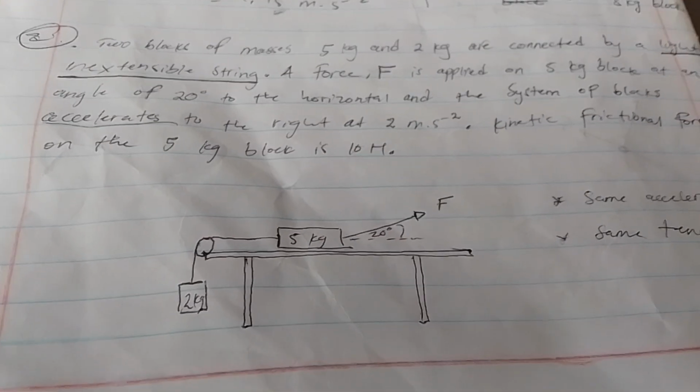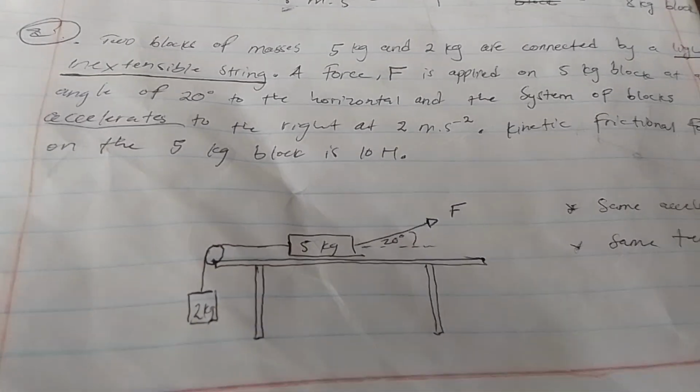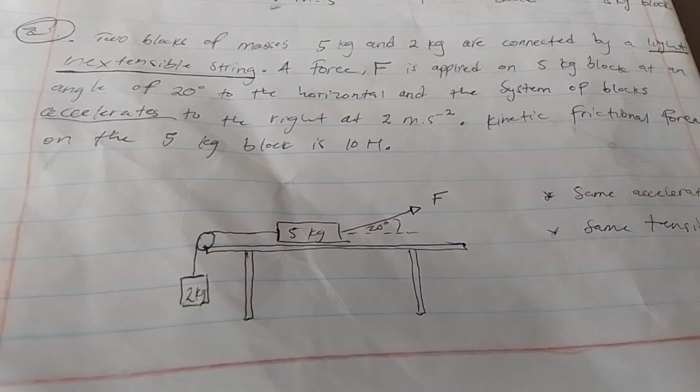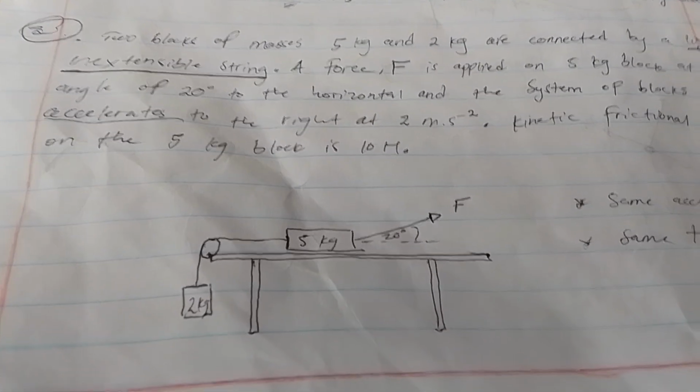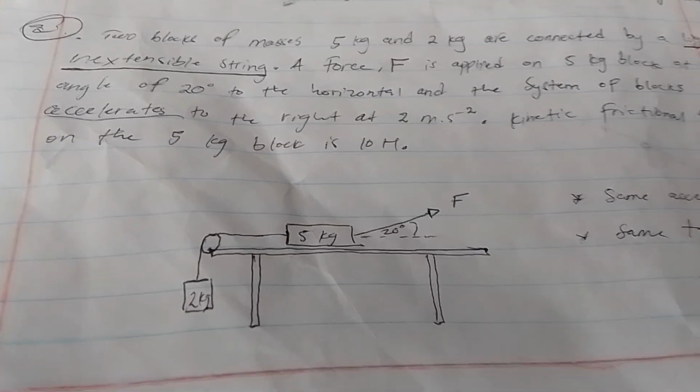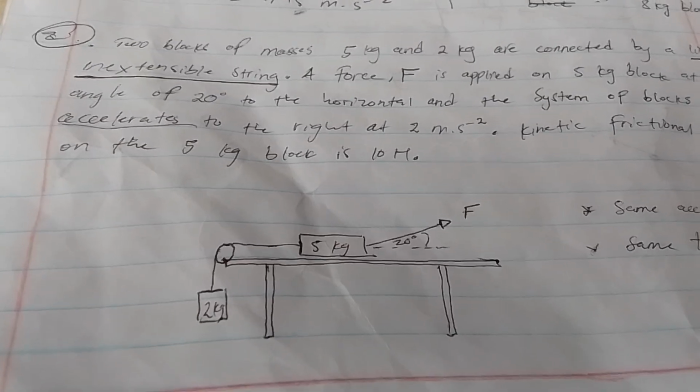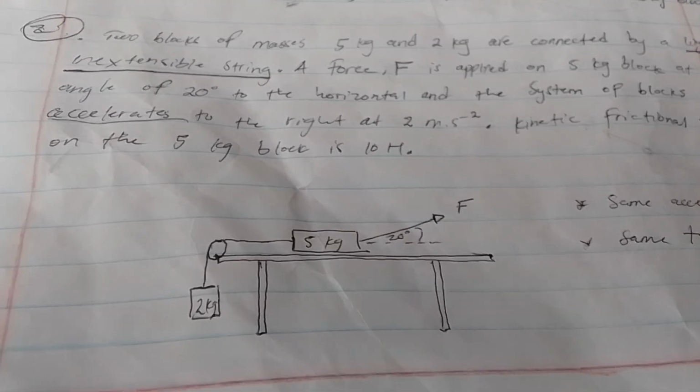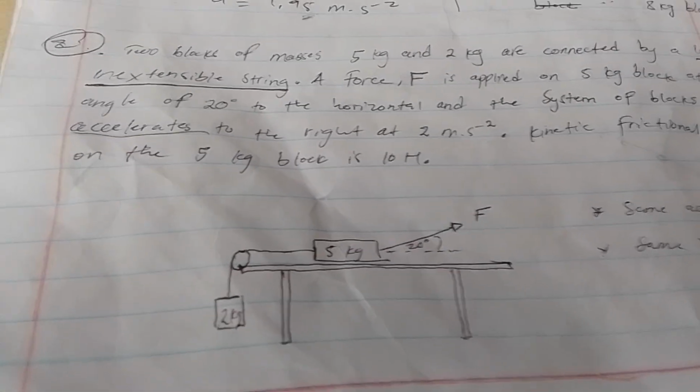If maybe they asked us to calculate the tension acting on our 4 kg block, that's when we would write the direction. Sometimes it depends on the direction we choose as positive and negative.